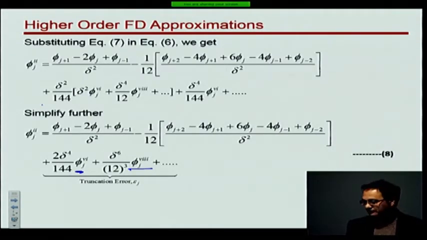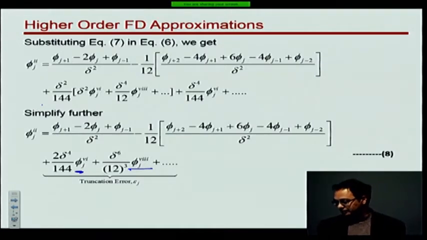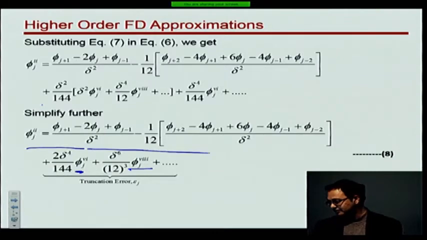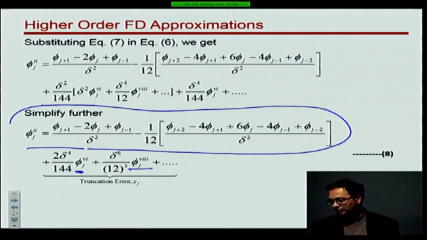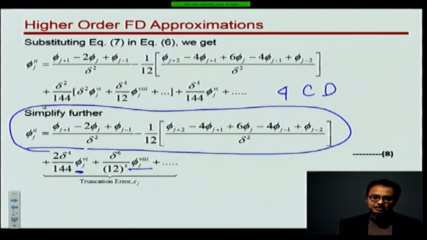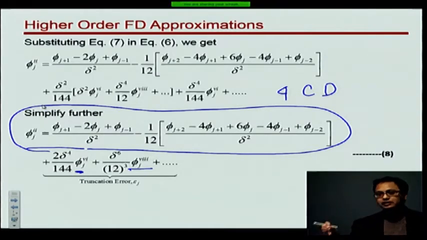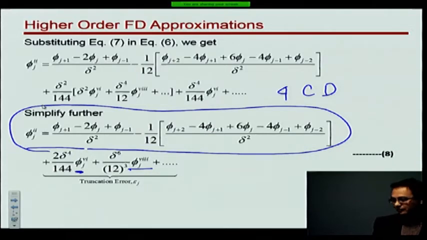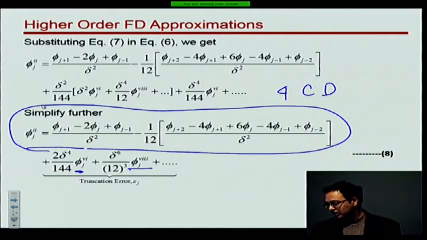And here is the central difference formula, but now this is fourth order CD, not second order CD anymore. It's still central difference because we are using an equal number of nodes on the right and the left. We have j plus 1, j minus 1, j plus 2, j minus 2, all of those guys showing up.